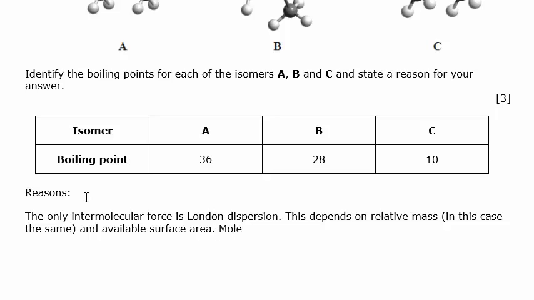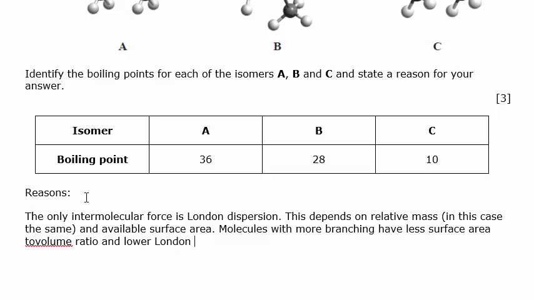Molecules with more branching have a lower surface area to volume ratio and lower London dispersion forces.